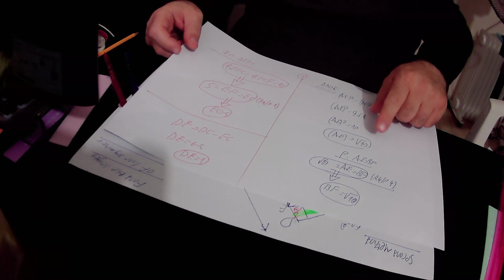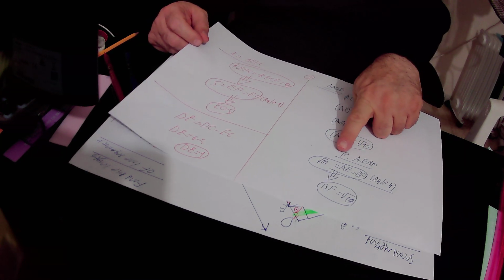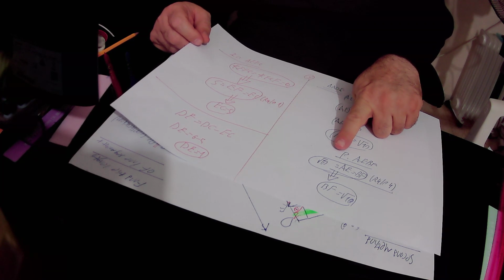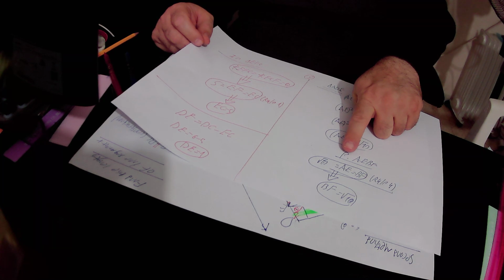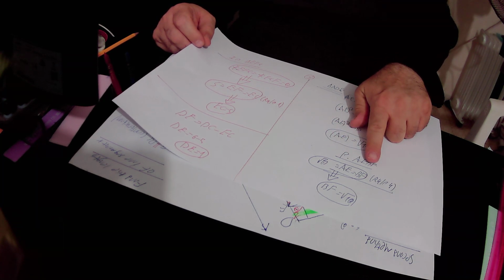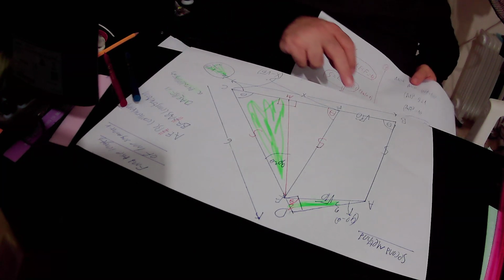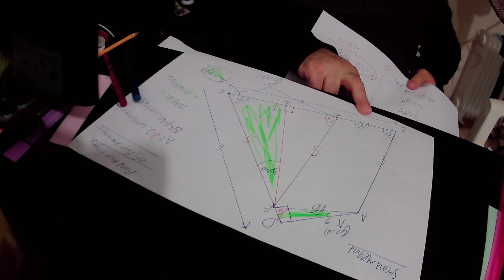According to rule number 4, AE equals BF. But we already found that AE equals square root of 10 units, so we derive that BF is also equal to square root of 10 units.